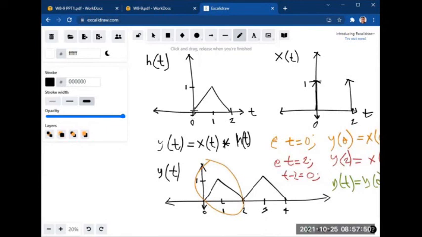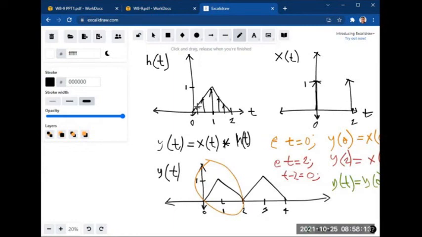From time 0, we will have impulse response of 1 times 0 here and 1 times 0 at 2. Since this is continuous, we will treat it as continuous.